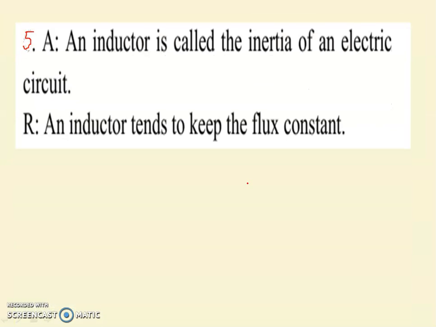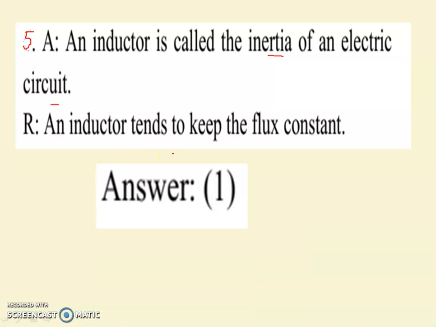Question number 5. Assertion: An inductor is called the inertia of an electric circuit. Reasoning: An inductor tends to keep the flux constant. The assertion is correct, the reasoning is correct, and the reasoning is giving the correct explanation of the assertion.